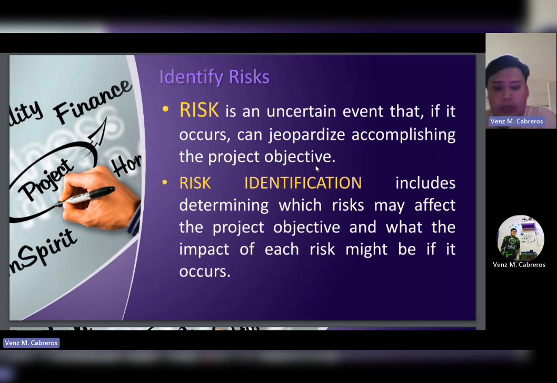In short, risk is the potential situation or event that impacts the achievement of specific objectives. Risk identification includes determining which risks may affect the project objective and what the impact of each risk might be if it occurs. So, next slide.